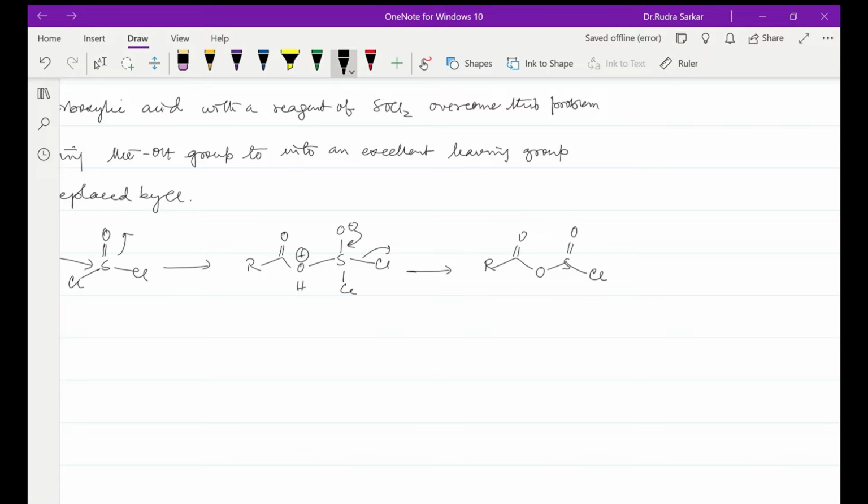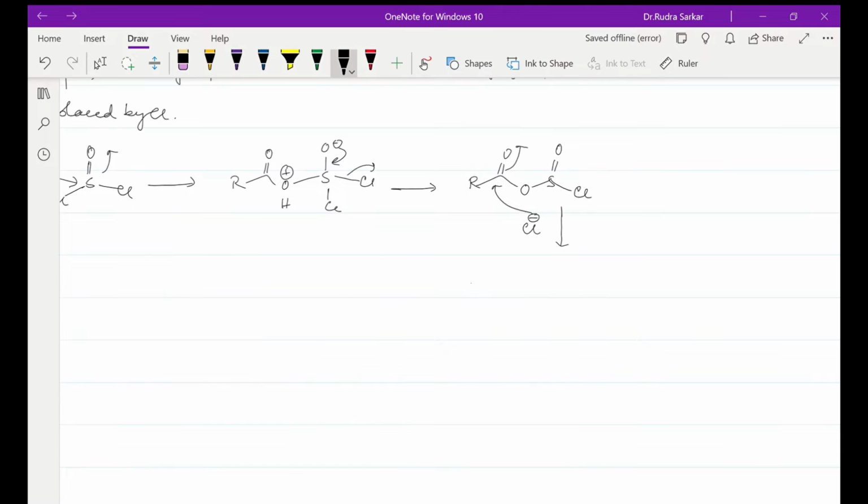Now in this particular step, one can think that the chloride that was released will make a nucleophilic attack over here that opens up, and we have this intermediate being formed over here.